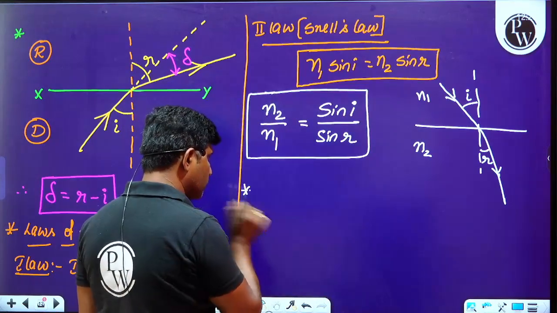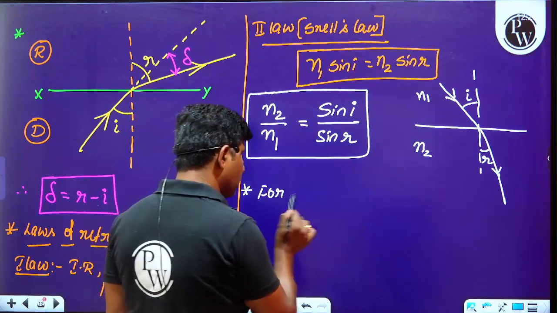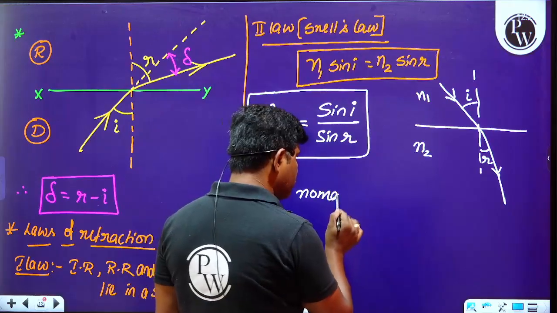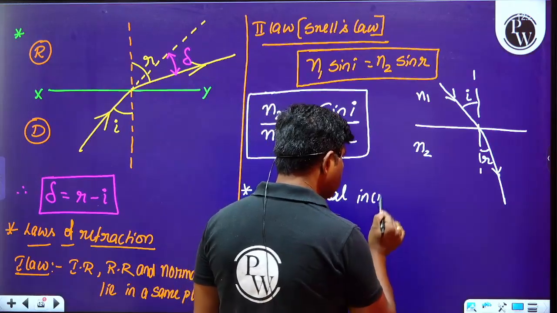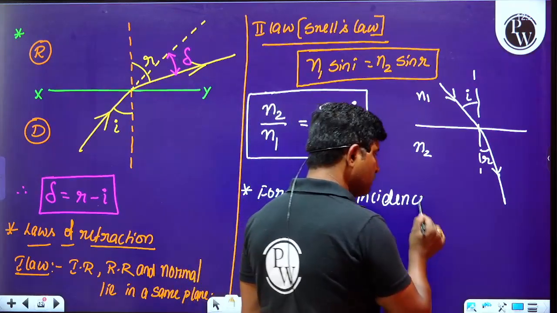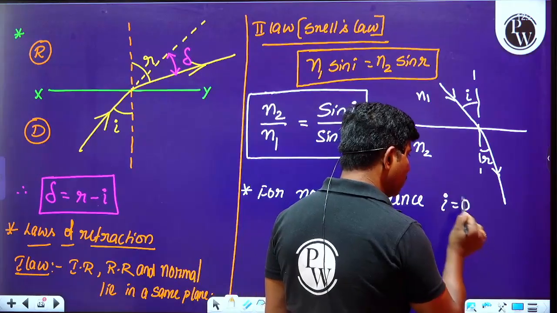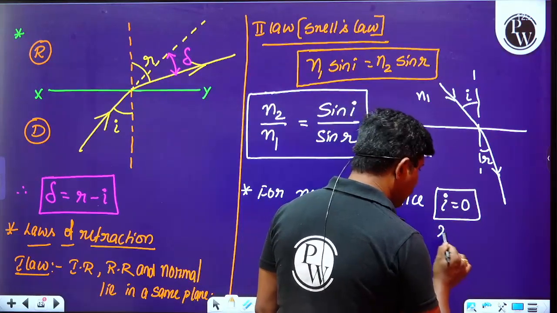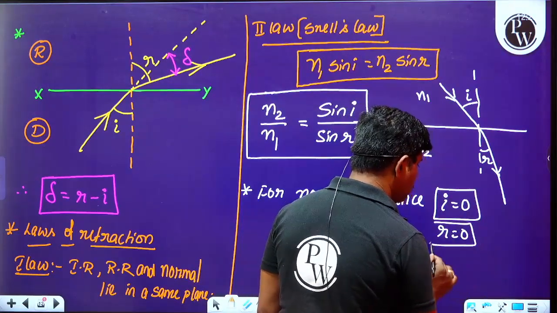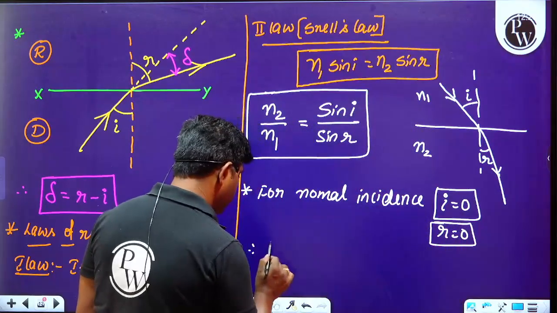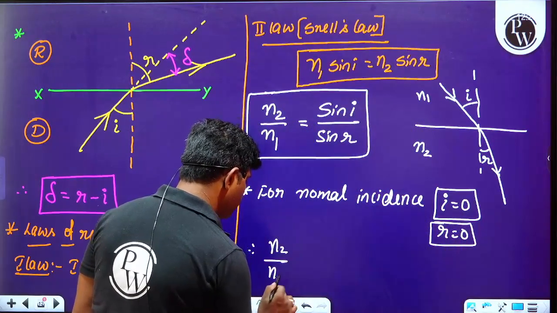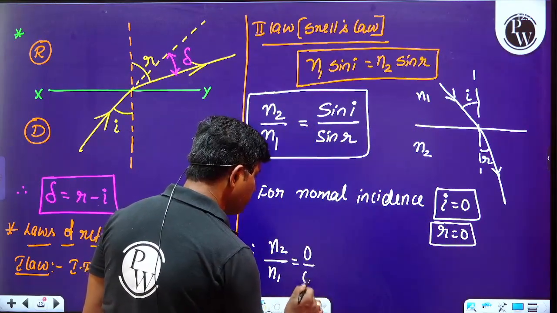And observe this for normal incidence. What is the meaning of normal incidence here? For normal incidence, I is equal to 0 and R is also equal to 0. Therefore, N2 by N1 becomes 0 by 0.